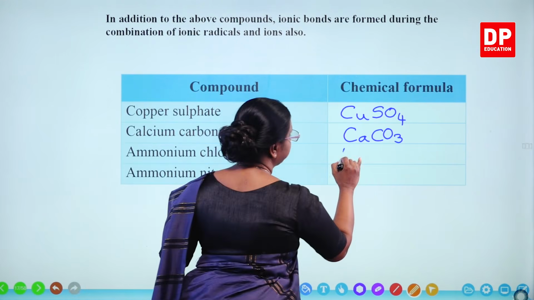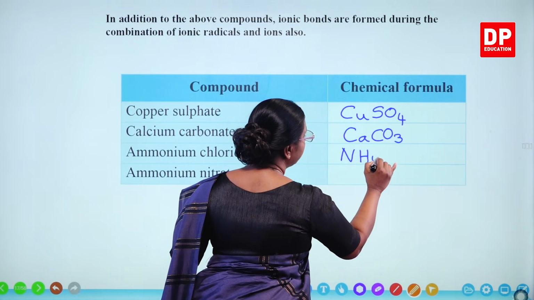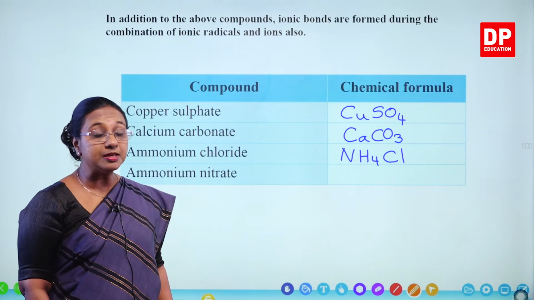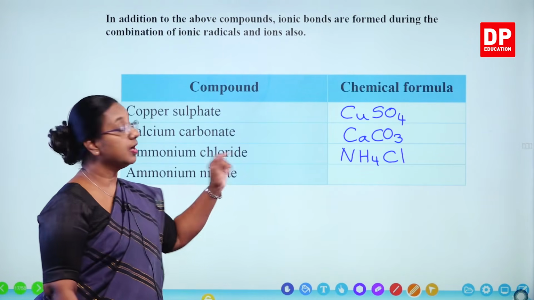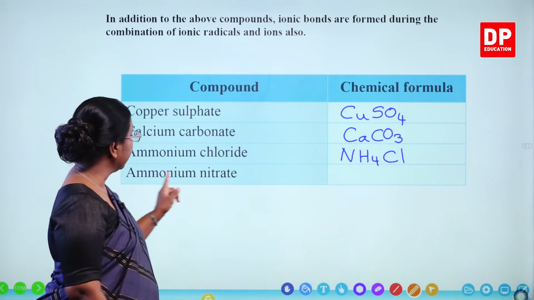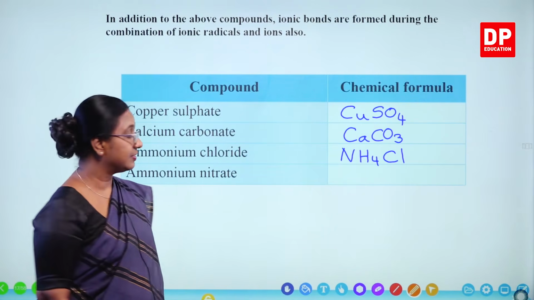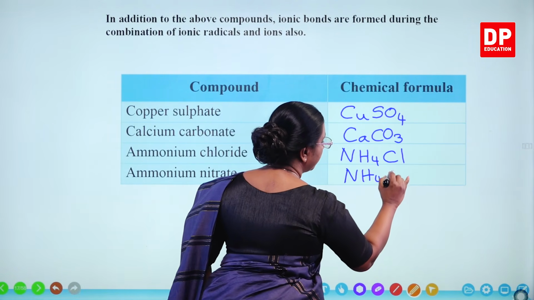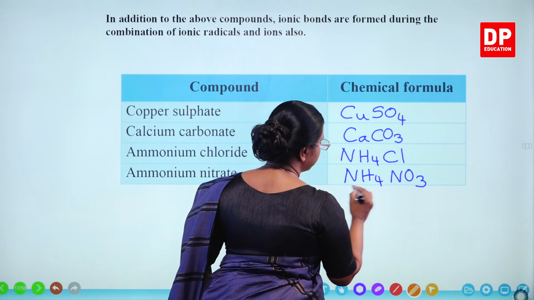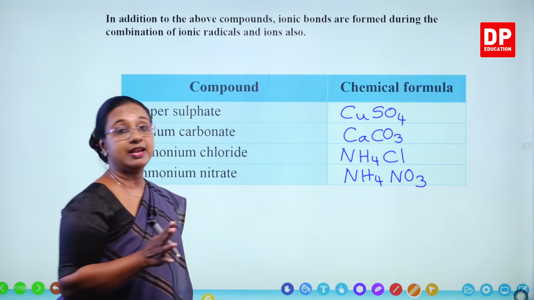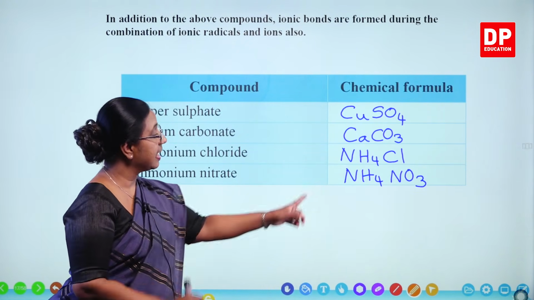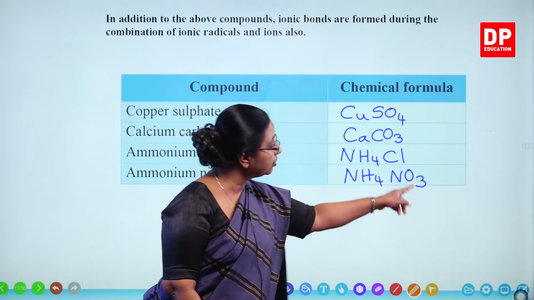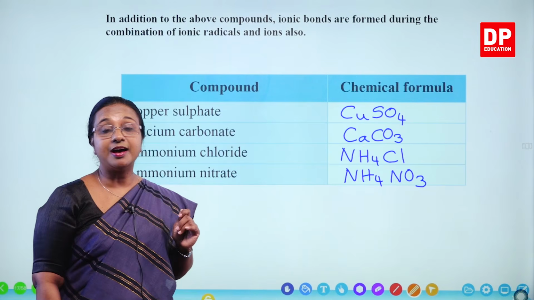Ammonium chloride, NH4Cl. NH4 plus is the ammonium ion. And then ammonium nitrate, NH4NO3. Here both are radicals or polyatomic ions. NH4 plus is the ammonium ion and NO3 minus is the nitrate ion.